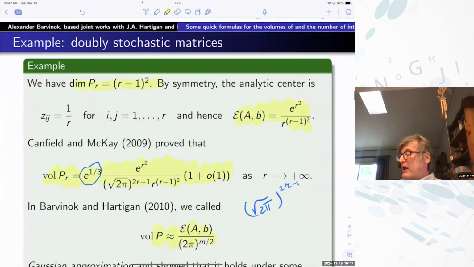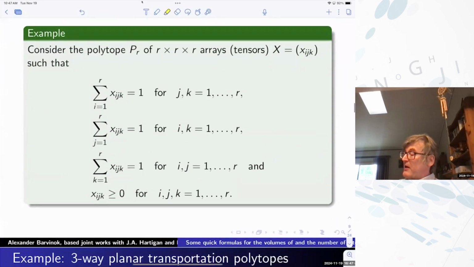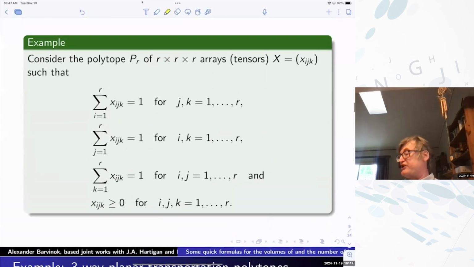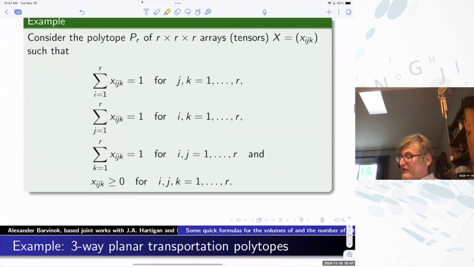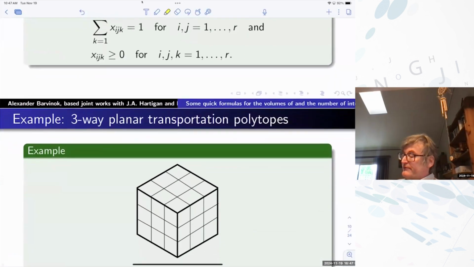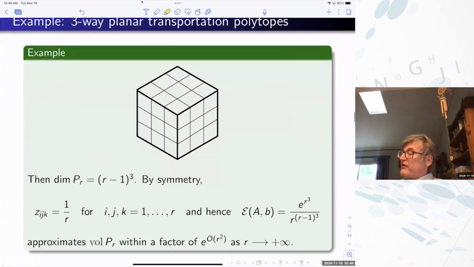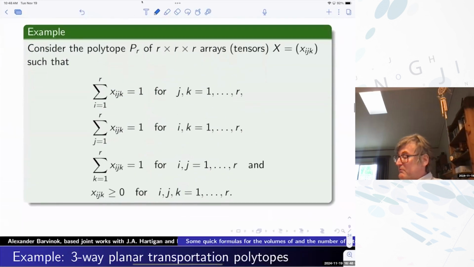And maybe one more example, a generalization, extension rather, of the Birkhoff von Neumann thing. This time they have a name. They're called three-way planar transportation polytopes. So instead of square matrices, we have cubes, filled by non-negative numbers.